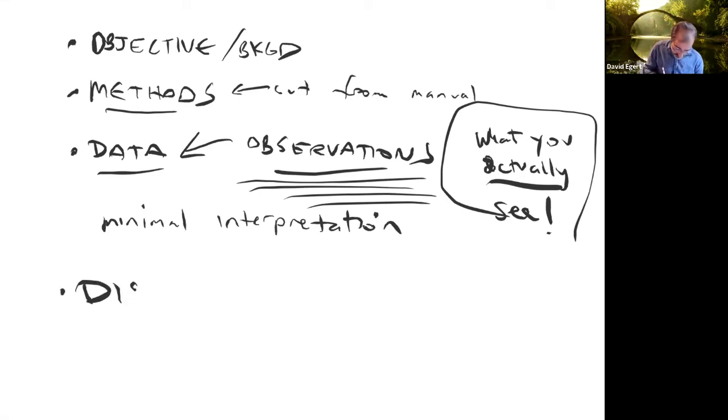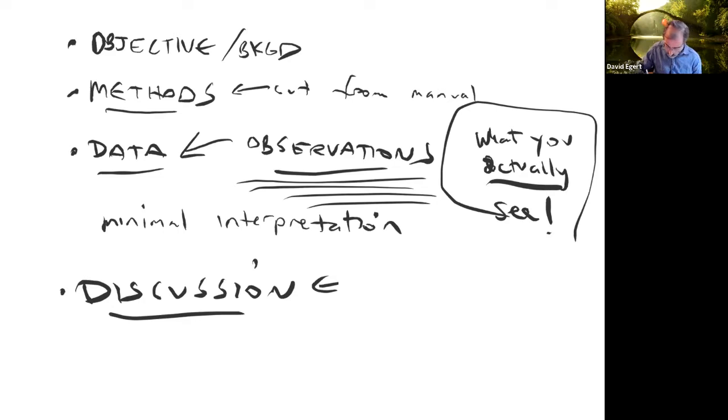Then comes the discussion. This is, what does it mean? This is where you take the observations and describe their significance, how they tie into the concepts of our class. For our lab today, we're going to have polar solutes, nonpolar solutes, polar solvents, nonpolar solvents.